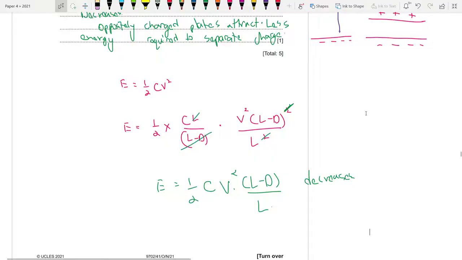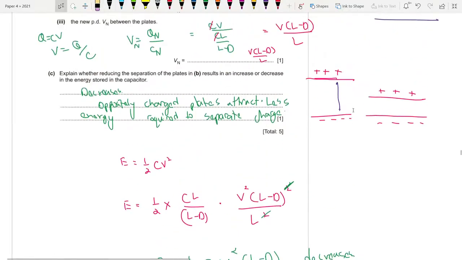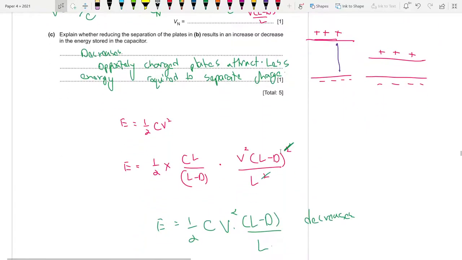You could also see this mathematically. Check this. We know that E is equal to half CV square. Look at the new energy. It's half into the new capacitance CL divided by L minus D into the new voltage whole square, V square into L minus D whole square divided by L square.